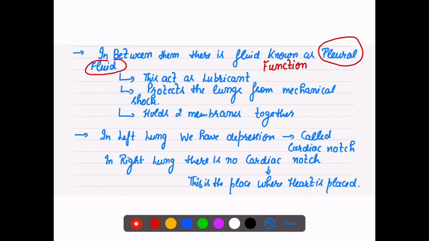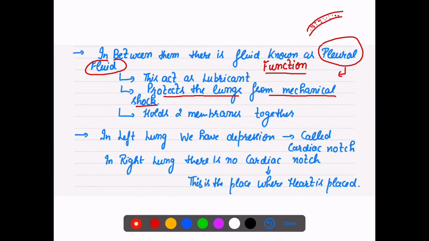Because they have protective membranes, the fluid between the membranes protects the lungs from any kind of mechanical injury or mechanical shock, and it acts as a lubricant. It lubricates the lungs a little bit. And the best part is that because it is present between two membranes, it holds the visceral pleura and parietal pleura together strongly. So this is a function of your pleural fluid which you should know.